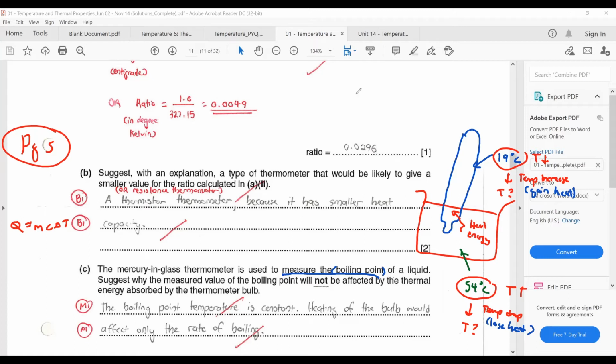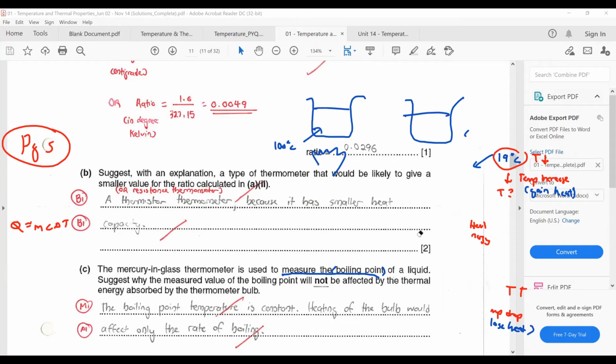If you have two different things that you're boiling, say originally this is at 100 degrees centigrade. Yes, that's correct. You're heating it up right now.